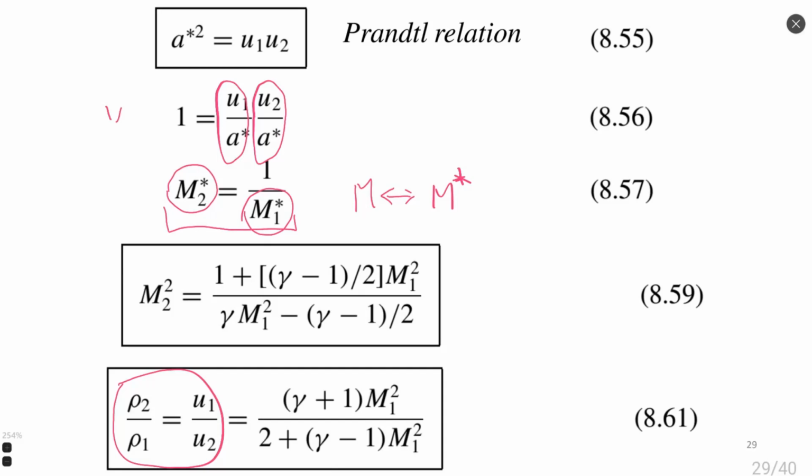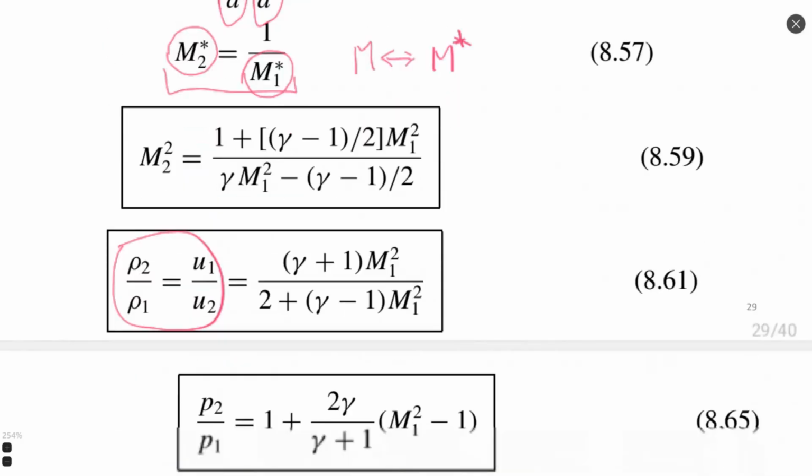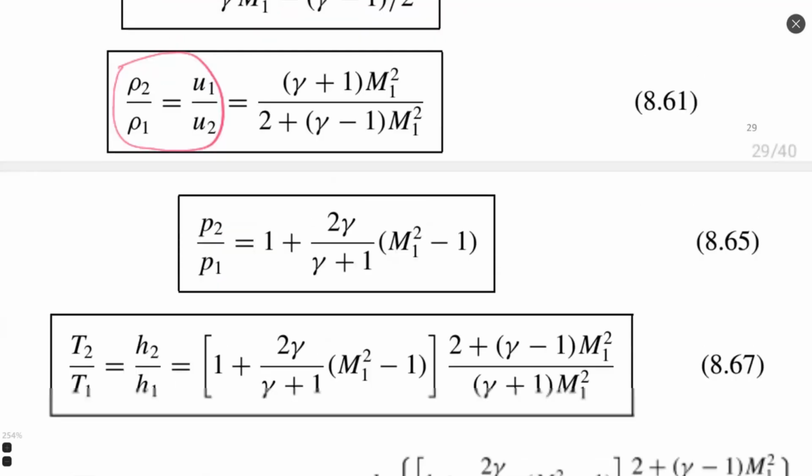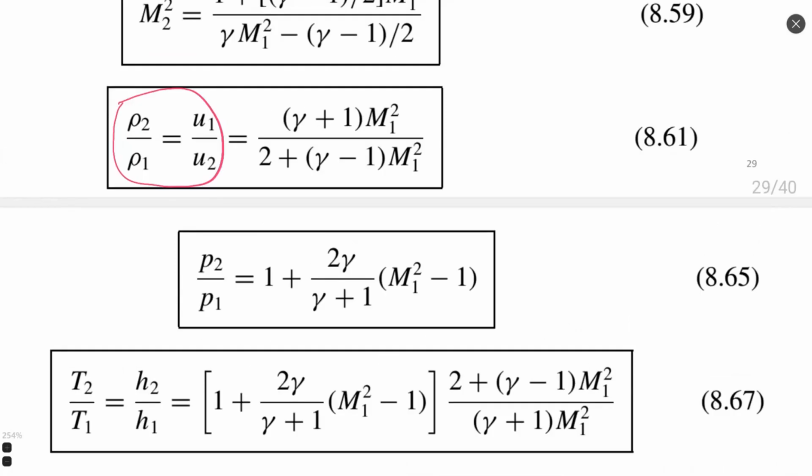And now when we have this density relation, we can make a transition to pressure relation, because density and pressure are connected inside the flow equation. And also once we found this density ratio and pressure ratio, we can calculate the temperature ratio, right?